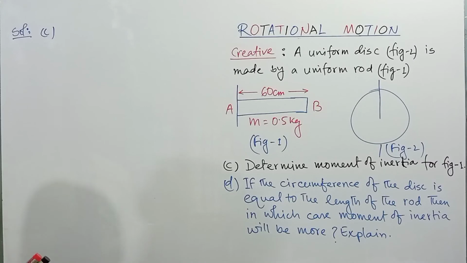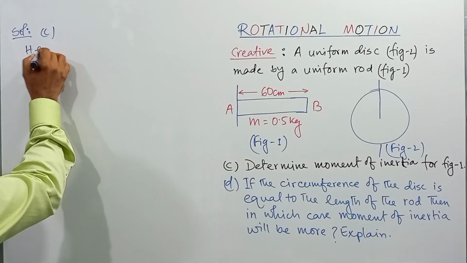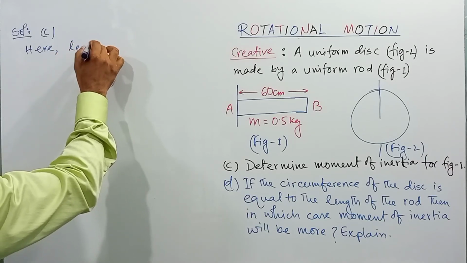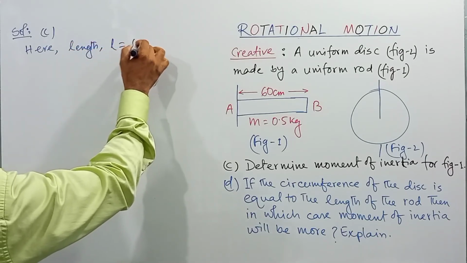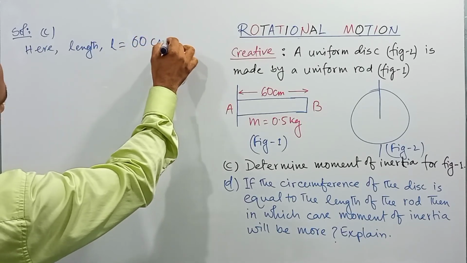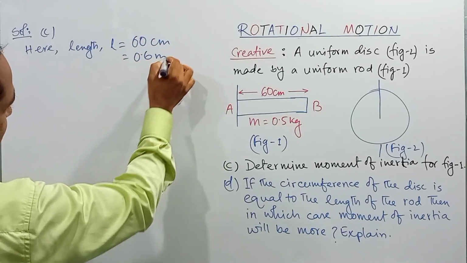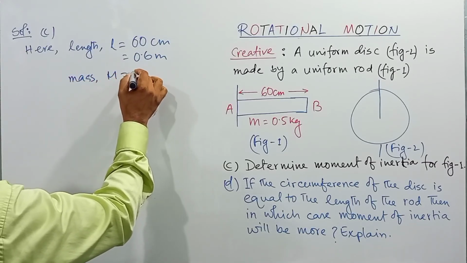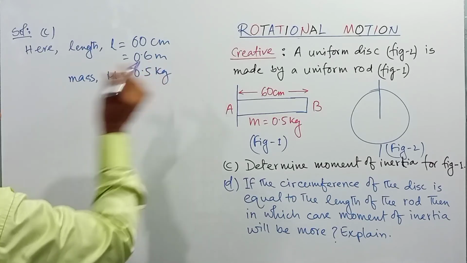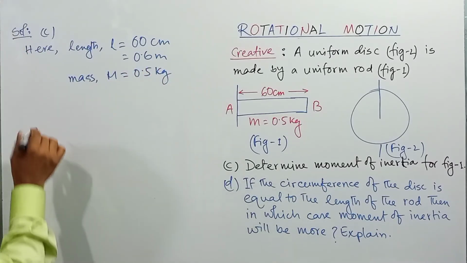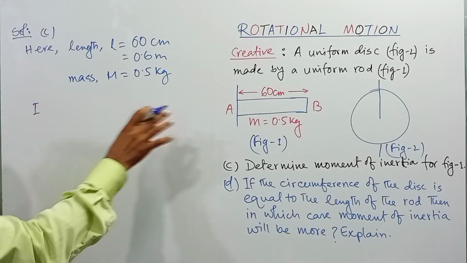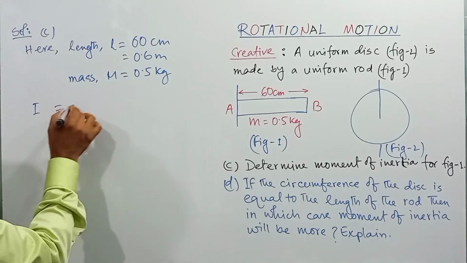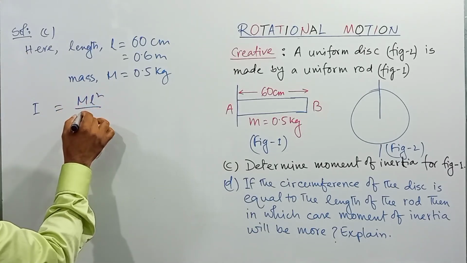For the solution of C, here length L is equal to 60 centimeter, it will be 0.6 meter. Mass M is equal to 0.5 kg, right? So moment of inertia, we know in case of the rod when the axis passes through one end, it will be M L square divided by 3.